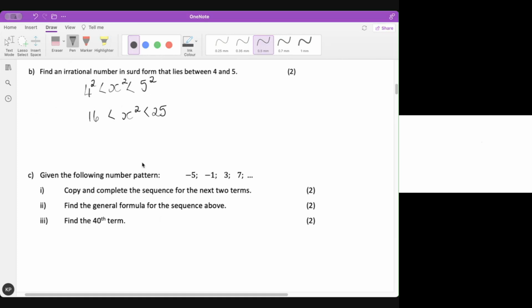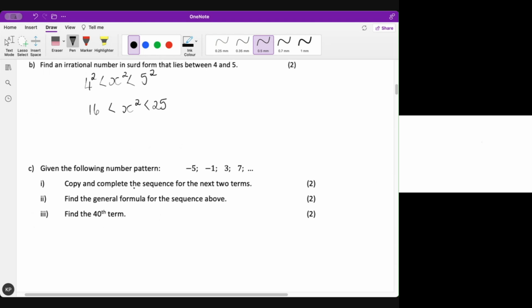Okay, so any number that is between those would be an irrational number. Do you guys agree? For instance, the square root of 19, you expect an irrational number. You guys agree with me? So any number that is between 16 and 25, if you square root them, will give you an irrational number.